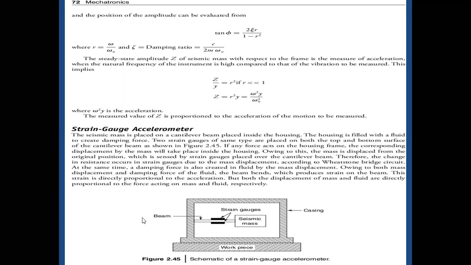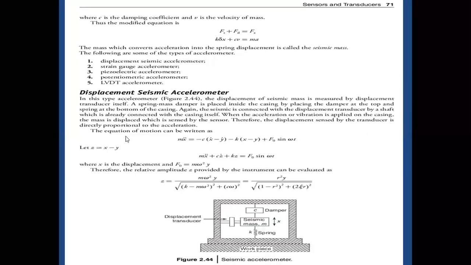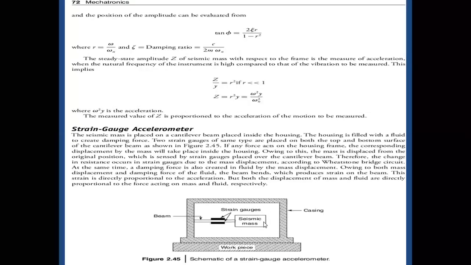This strain gauge accelerometer is similar to the previous one, the displacement seismic accelerometer. The main difference is that the mass there is balanced by a spring and damper, whereas here the seismic mass is balanced by a fluid.